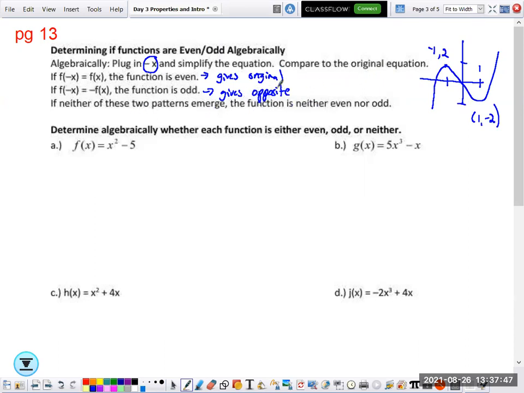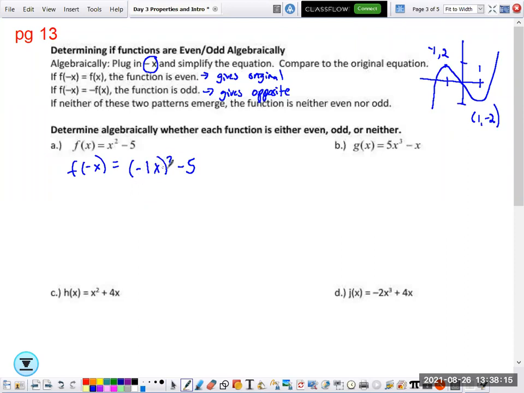Now, if you don't get either of those two patterns, your function is not even or odd. So let's take a look. My first function is x squared minus 5. So I'm going to plug in negative x. I'm going to write f of negative x, and sometimes I like to put a 1 here as a coefficient because it helps me out.